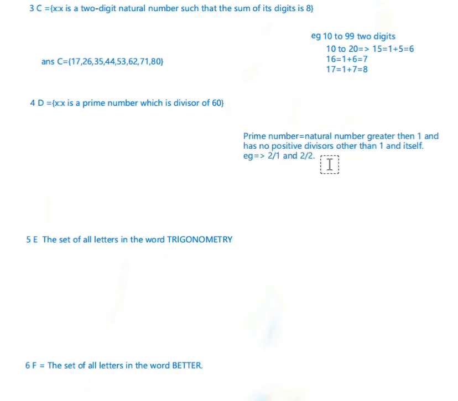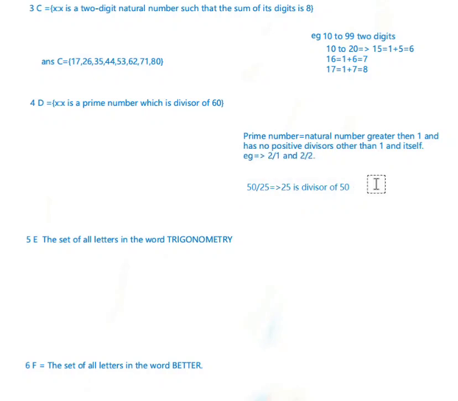So x is a prime number which is a divisor of 60. A divisor is the number by which we divide, something like that. If we divide 50 by 25, then 25 is the divisor by which we divide.